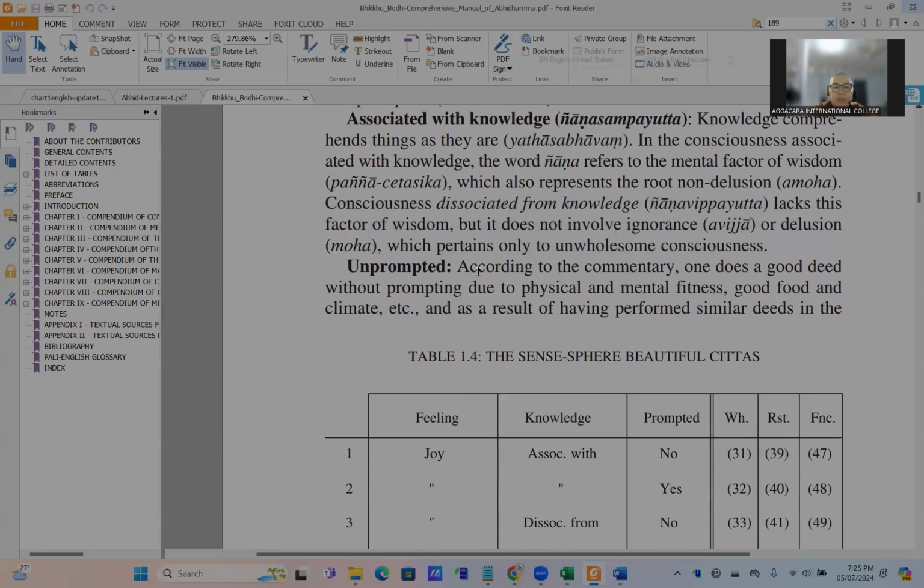Now, same thing, unprompted here. Unprompted means sometimes you do good deeds without prompting, because when your physical and mental fitness, food and climate are good, you feel your body is good, you have good energy, and people call you, okay, let's go do house dana or go to the temple to do donation, and you are very happy and want to go immediately.